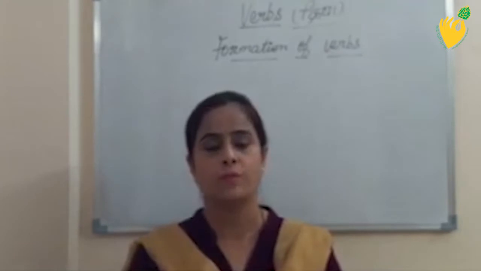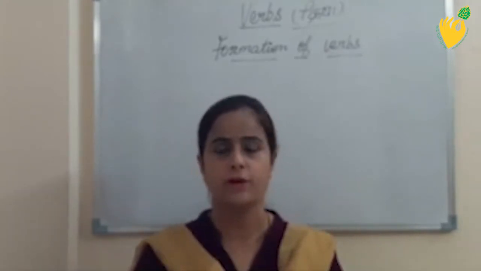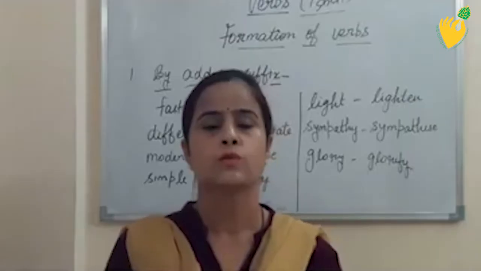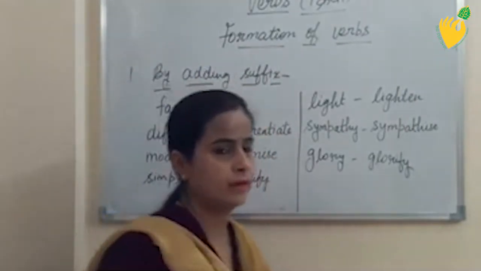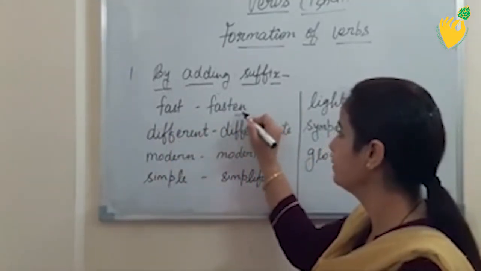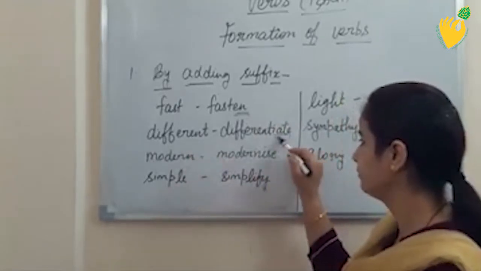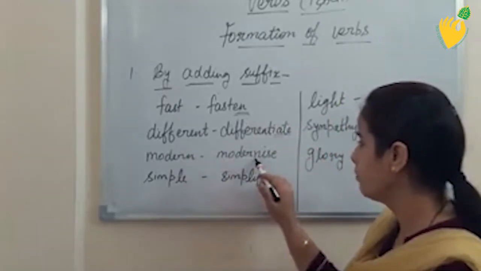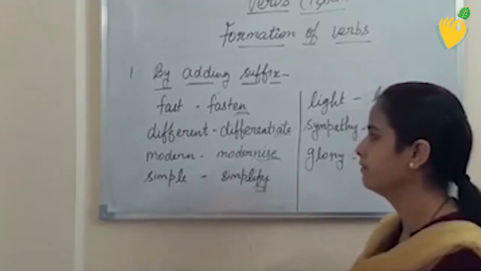Verbs can be formed by adding suffix or prefix in adjectives or noun. So first is by adding suffix. For example, fast, fasten, different, differentiate, modern, modernize, simple, simplify.